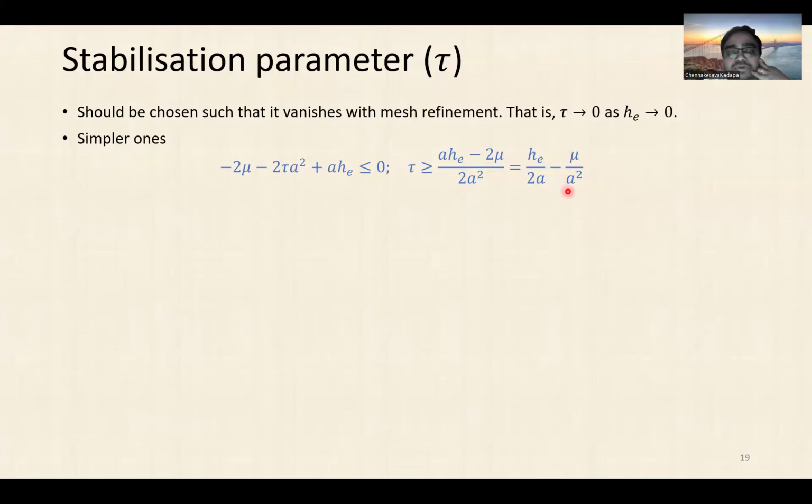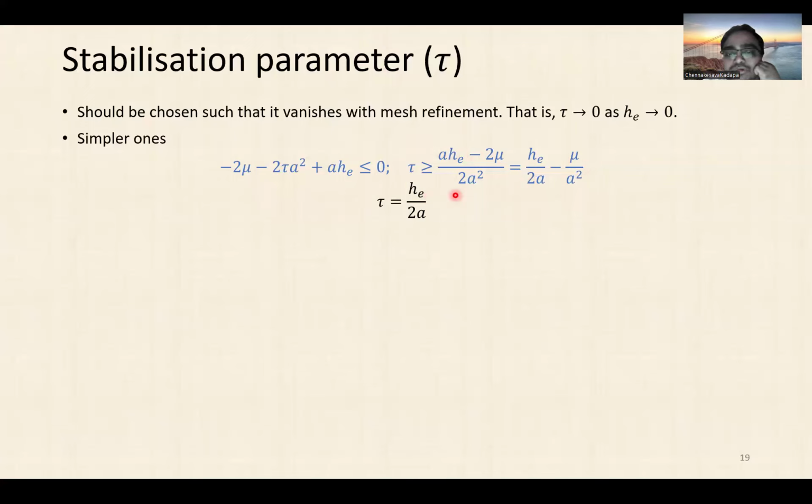Now, if you observe carefully, whether mu is 0 or not, let's see what we can do. We can take tau as h_e by 2a. So tau should be greater than or equal to h_e by 2a minus mu by a square. Now, if we take tau as h_e by 2a, this condition is satisfied.